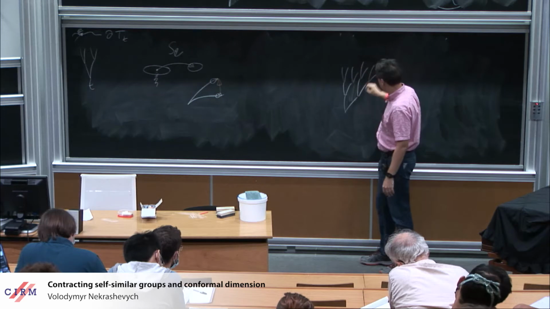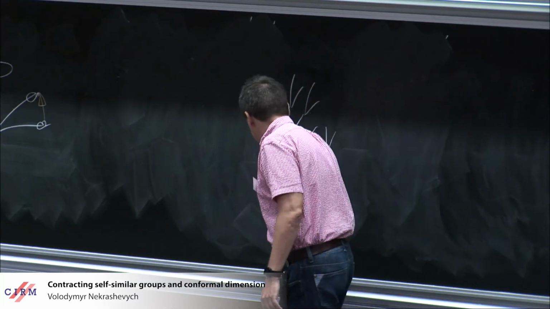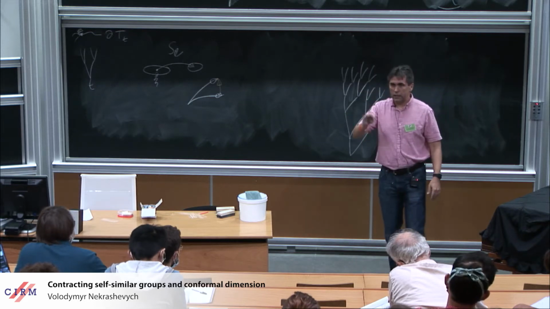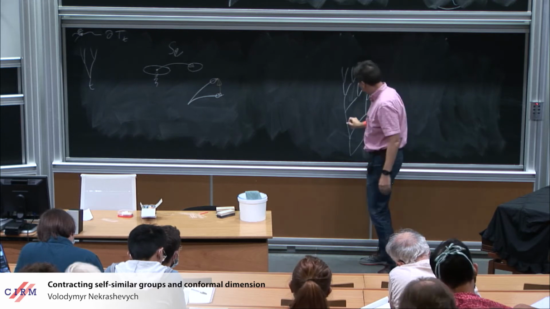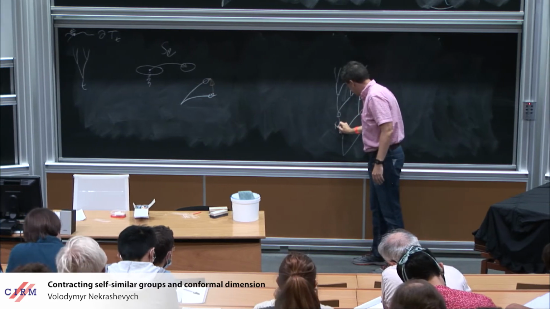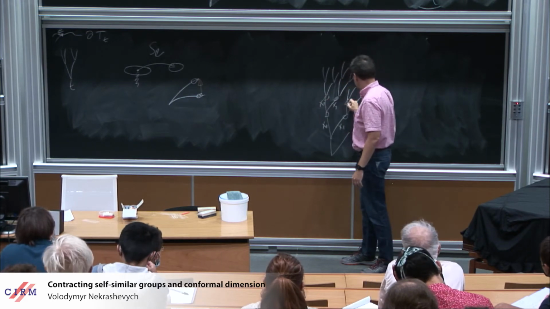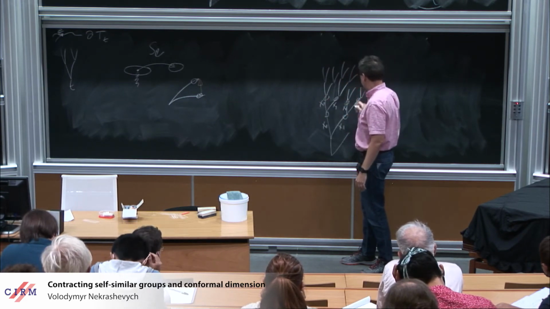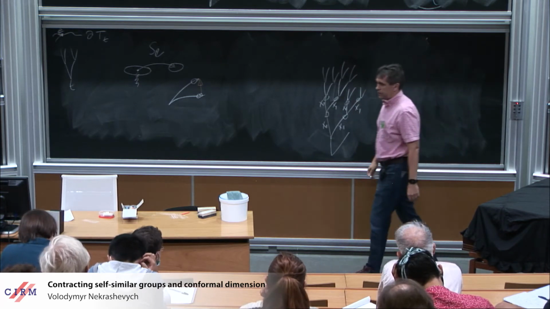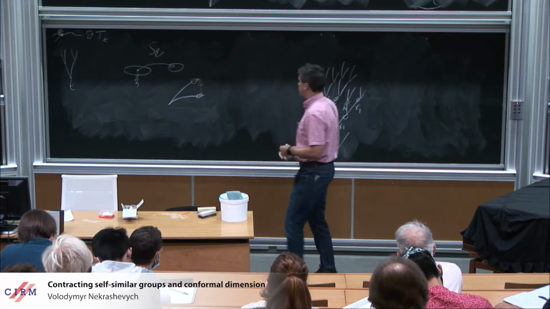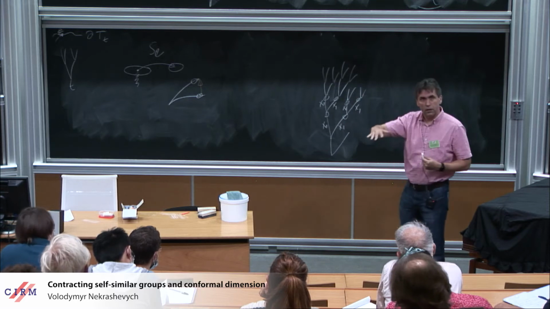For example, in degree 2, you will get a tree which has one edge going down and two edges going up all the time. So these are our x's: x0, x1, x0, x1, and so on. The edges corresponding to loops, so generators of the iterated monodromy group, will connect these vertices horizontally.